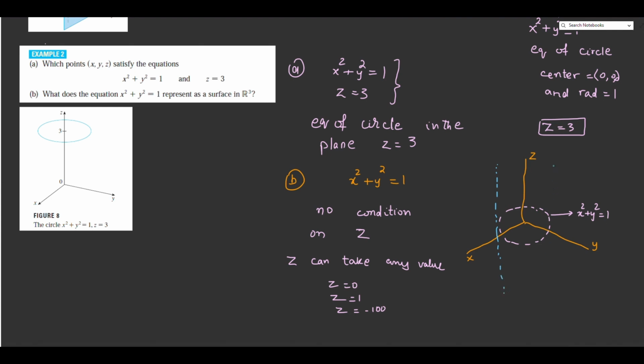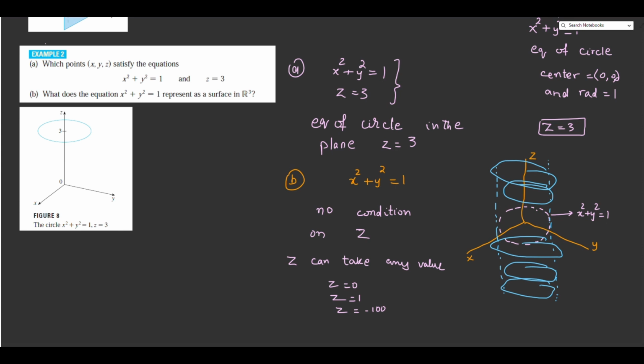When we put all of these circles together, we will get an infinite cylinder. You can imagine, for example, if you put bangles on top of each other, they will make a cylinder.